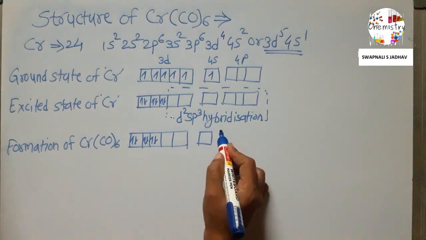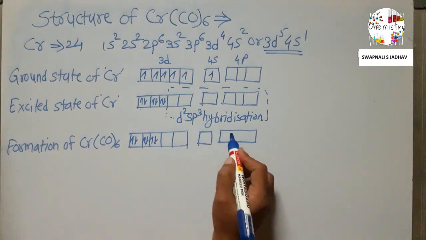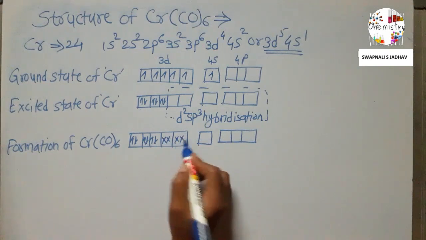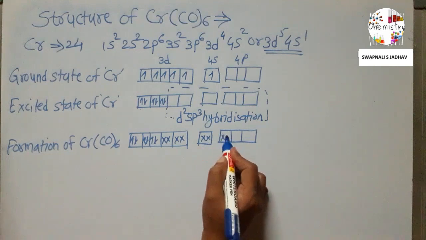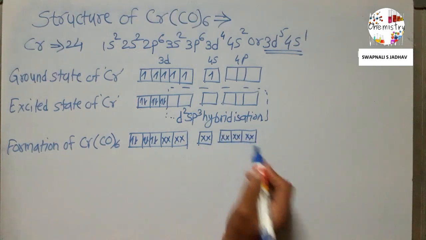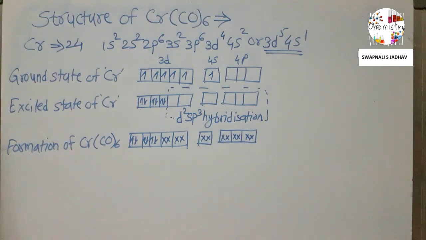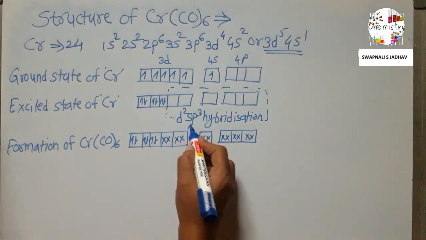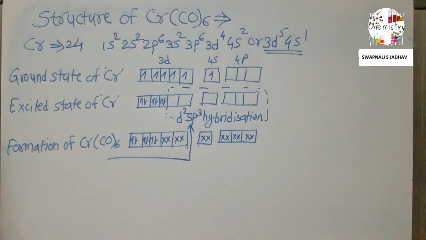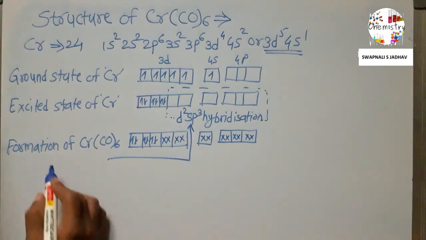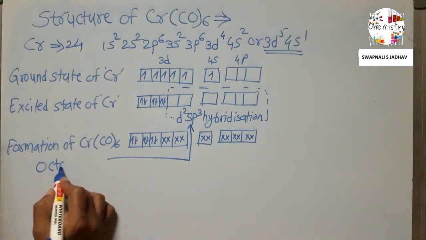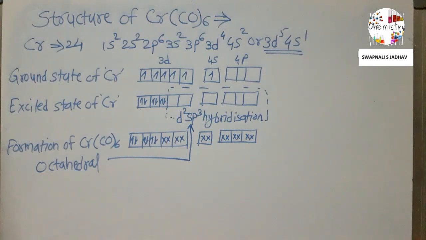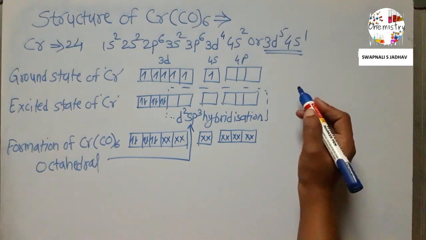So here electrons are donated by six CO groups, 1 2 3 4 5 6, and this forms Cr(CO)6. As the type of hybridization is d2sp3, what is the structure of Cr(CO)6? You know that, octahedral. So how is it represented?